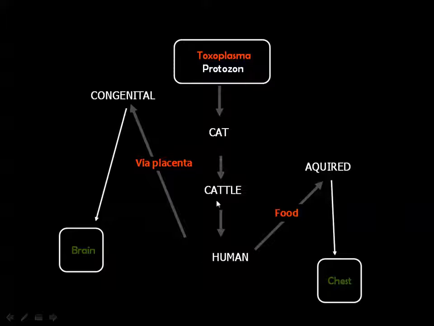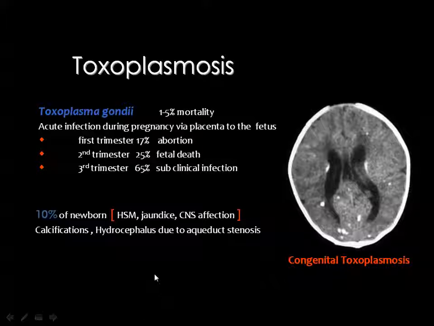While if the protozoon is transmitted to the human, then through the placenta, it will result in congenital toxoplasma, which will present mainly intracranial. Then Toxoplasma gondii is the protozoon which usually occurs as an acute infection during pregnancy by the bloodstream, as we have said.